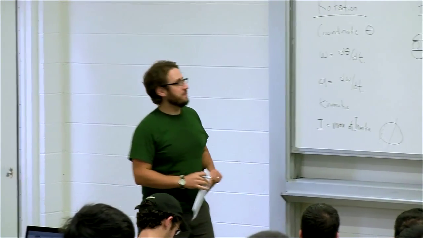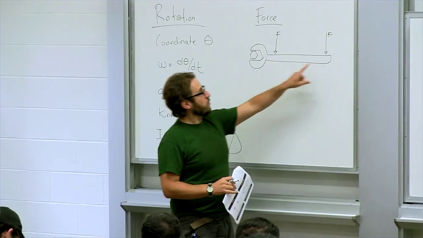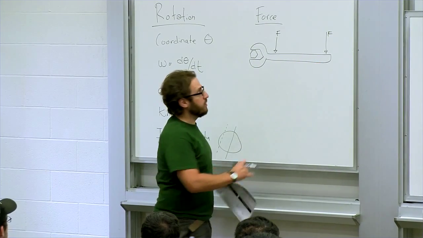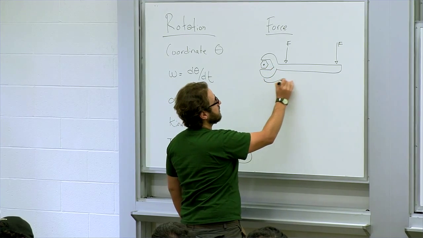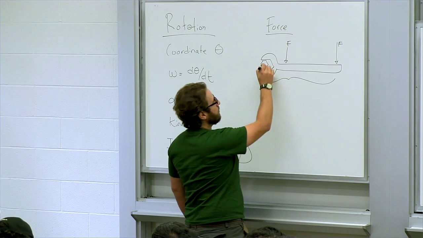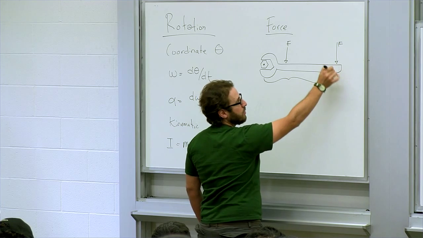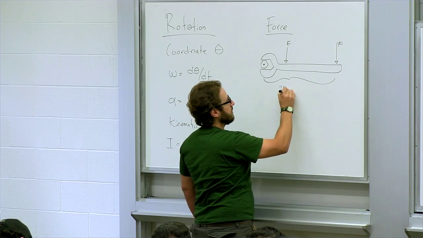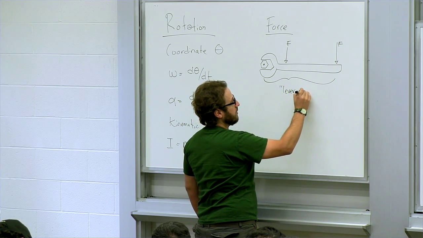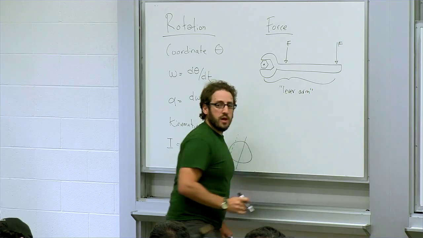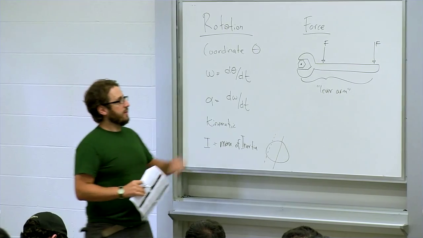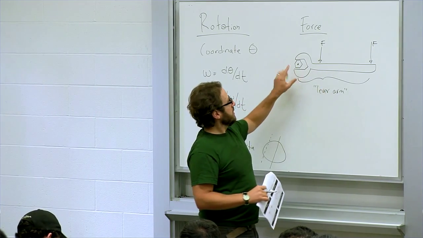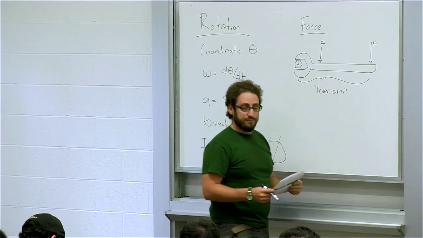That's the whole idea, to be able to apply a force with a longer lever arm. So the key here is the distance between the point of rotation and where the force is applied, called the lever arm. So we need to build into our concept of rotational force the fact that it's more effective if you have a longer lever arm.